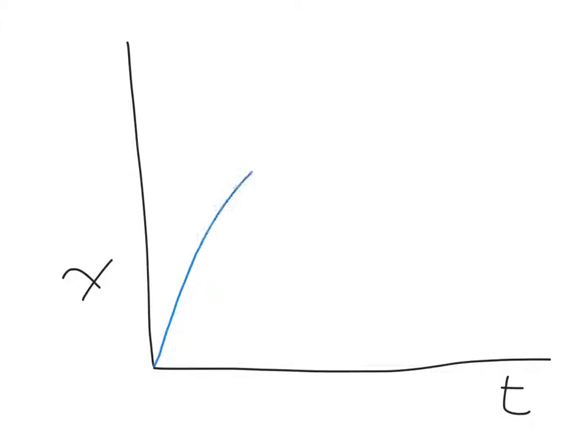So the position time graph looked like this. And if I were to pick, let's say, random points on here, pretty evenly spaced, and then draw tangent lines for each of those points.